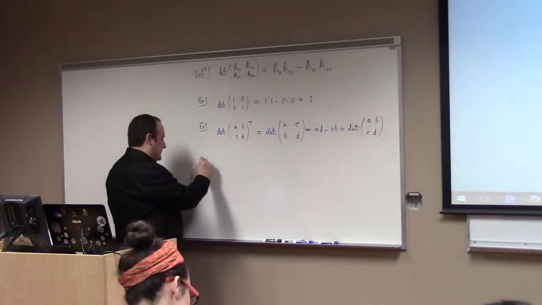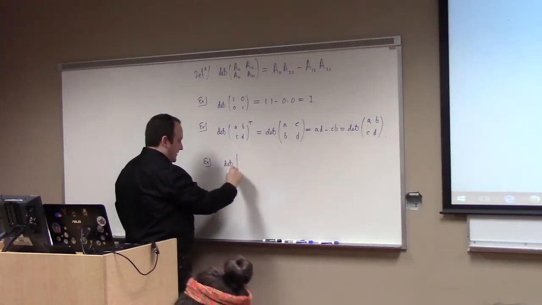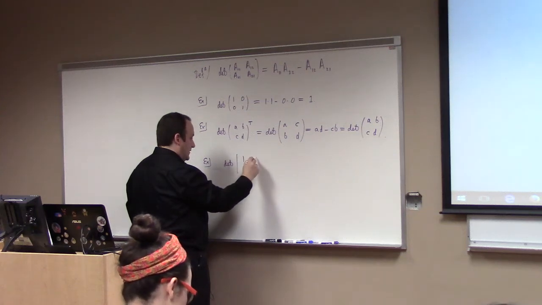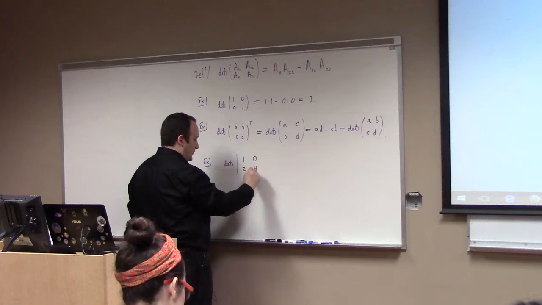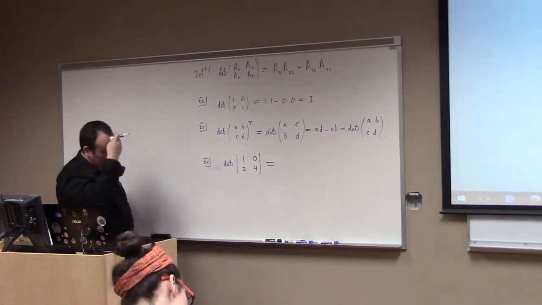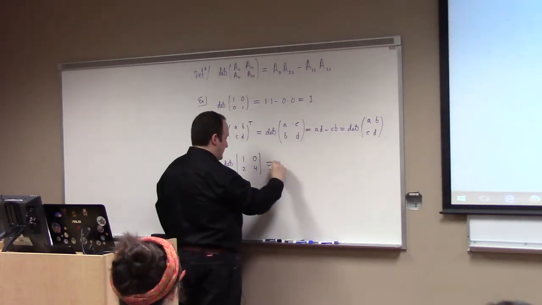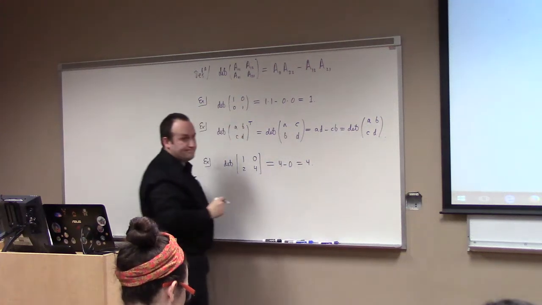Another thing we might notice, if we take the determinant of, let's say, 1, 2, 0, 4, what do we get? We get 4 minus 0, right? Which is 4.